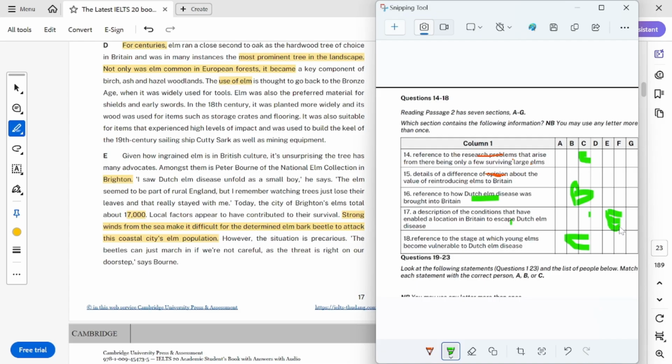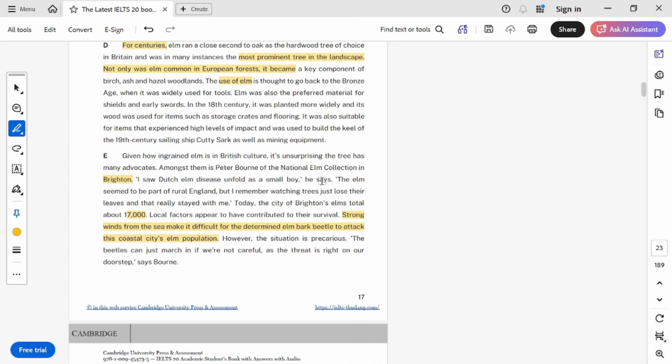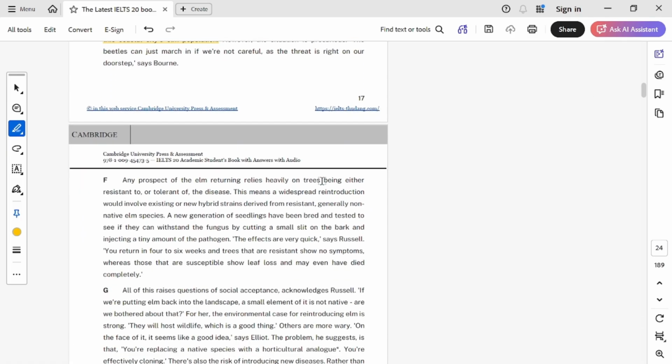Okay. Now we are moving to number 15. For 15, I think we are going for paragraph F and G. Paragraph F talks about the resistant and tolerant trees.